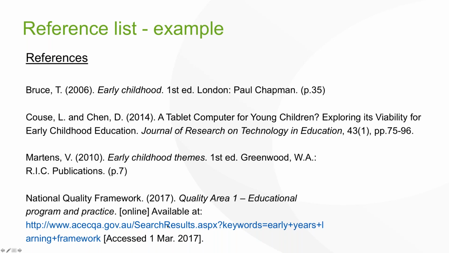This was an online site. So we can use multiple different types of sources, whether it be textbooks, journal articles, or online texts in our reference list. So all of these references I would expect to see in the in-text citations.